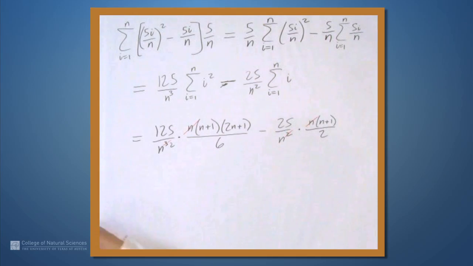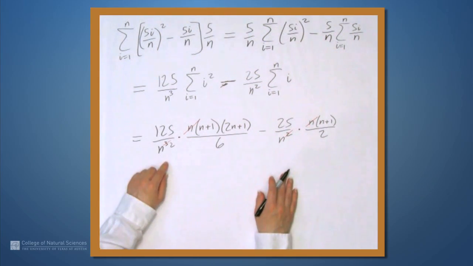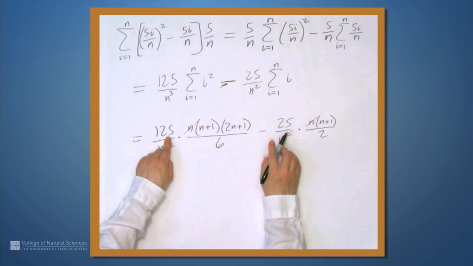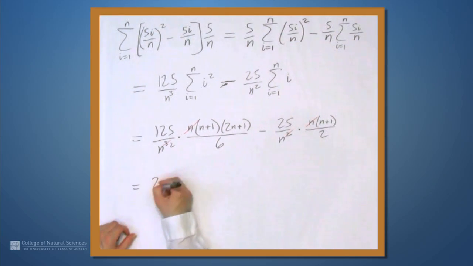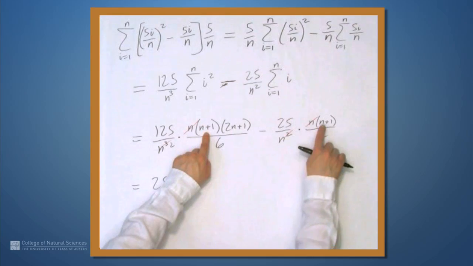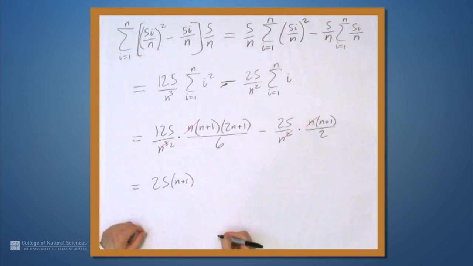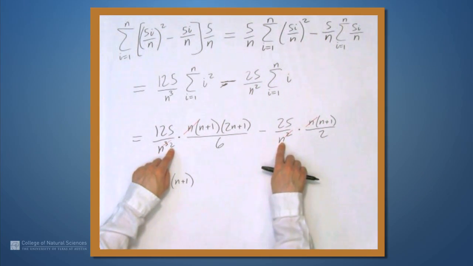We can also factor out some common stuff. The 125 and 25, the constants, these share a factor of 25. So let's factor out 25. Both of these terms also have an n plus 1 in them. So let's pull out an n plus 1. And what about in the denominator? We have an n squared here and we have an n here.